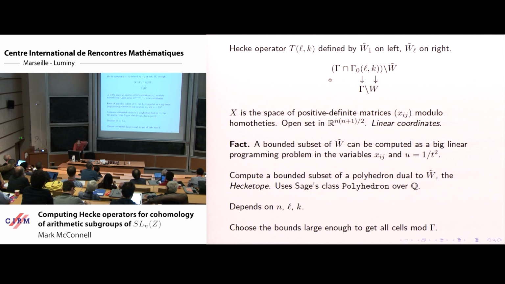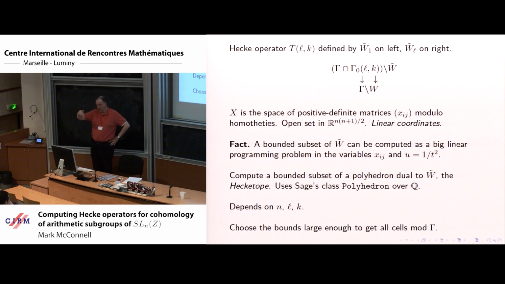And so the fact is, if you check through what I did, telling those lies and using norm squareds, a bounded subset of this W tilde can be computed as a big linear programming problem in the variables x_ij, and it's all linear if you just introduce a new variable u equals 1 over t squared.